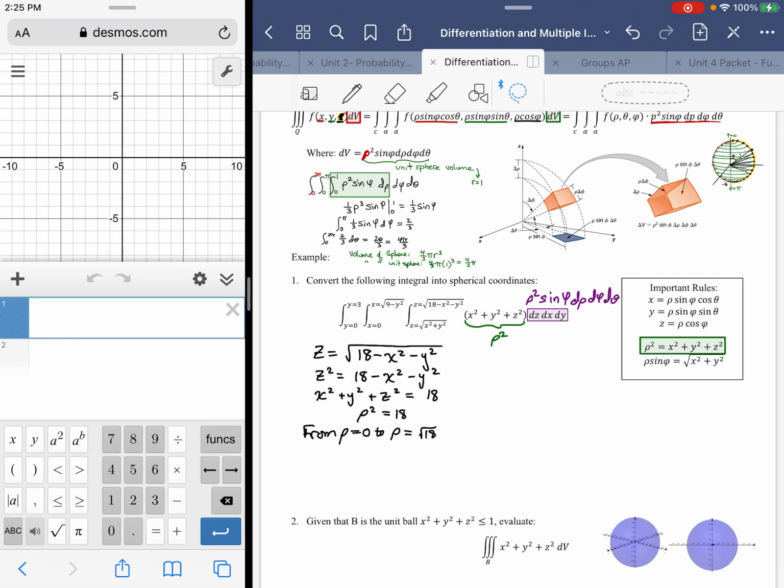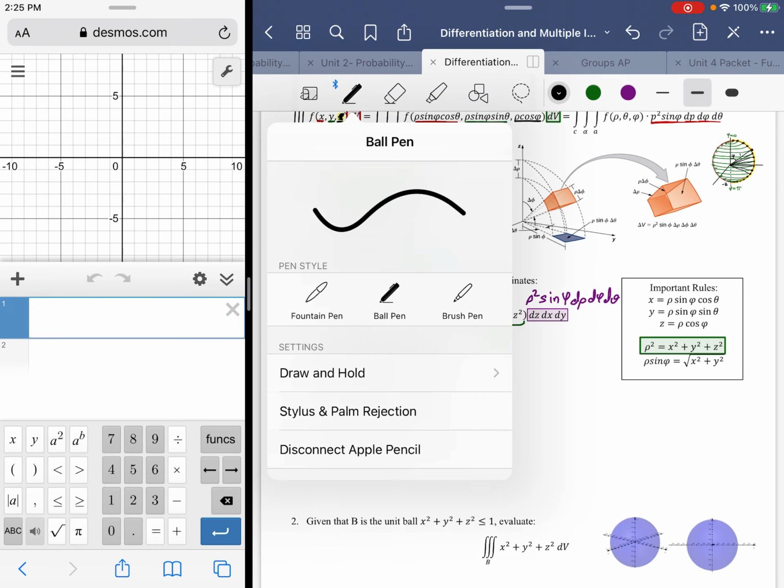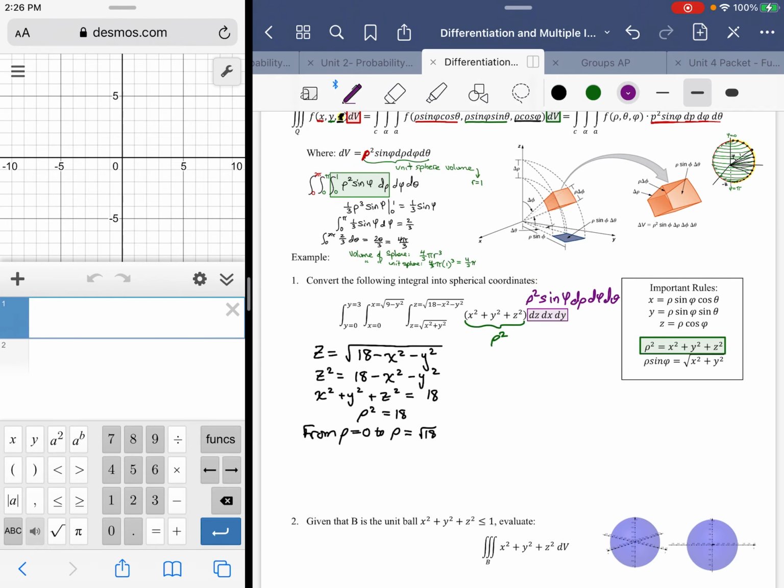Because it's associated with z, but maybe that means that it'll be associated with rho versus phi versus theta. We don't know. So we've got to keep an open mind. So I'm going to look at my second bound, z equals the square root of x squared plus y squared.